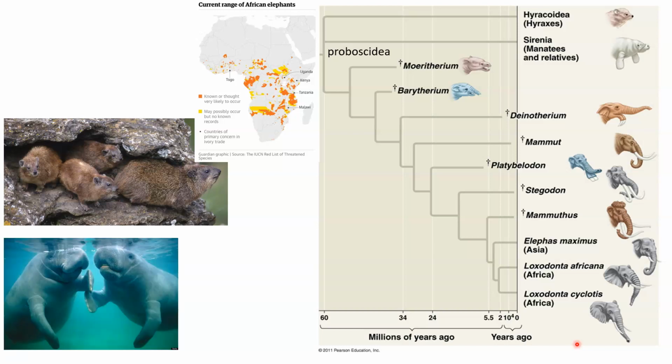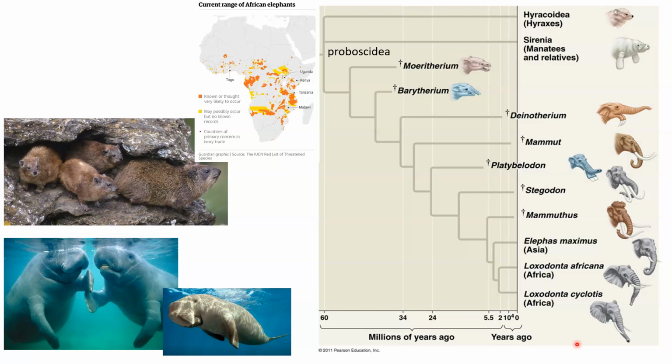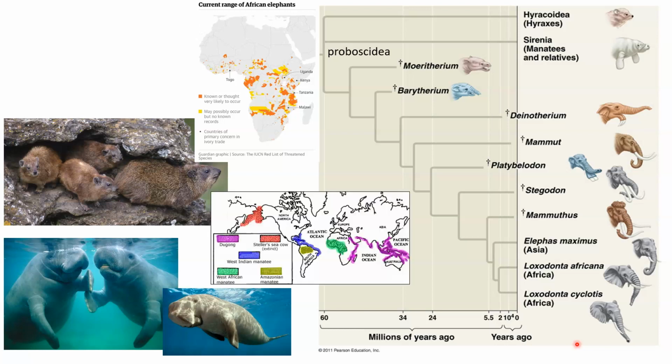Well, that is actually the manatees of the order Sirenia, the closest aquatic living relative of the elephants. And this is a map showing you where you find the members of Sirenia, right?